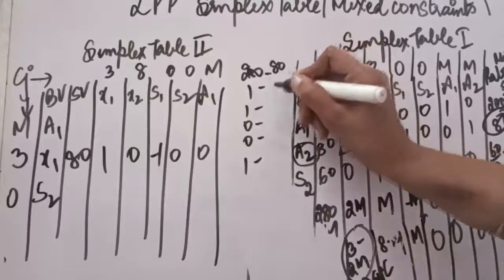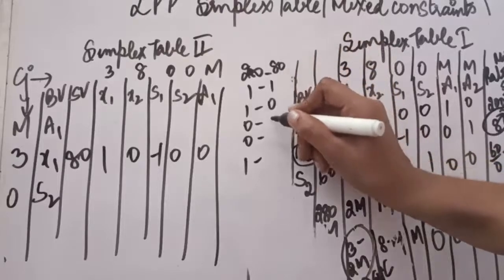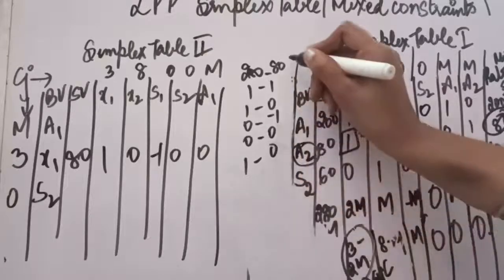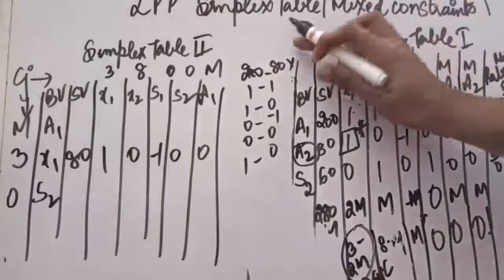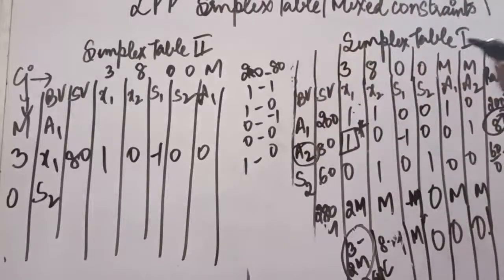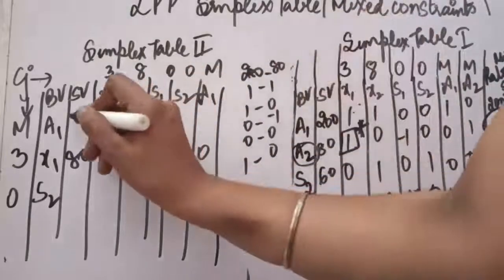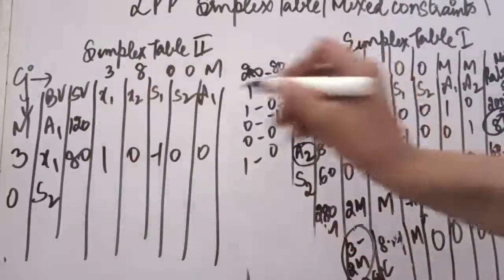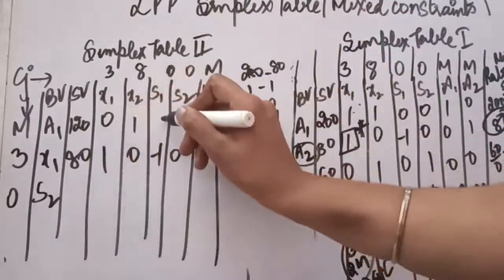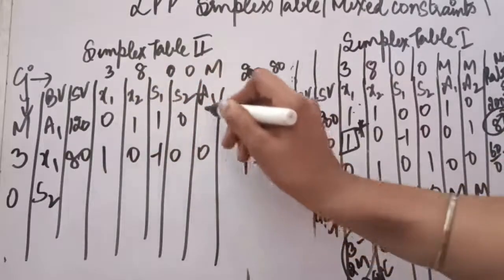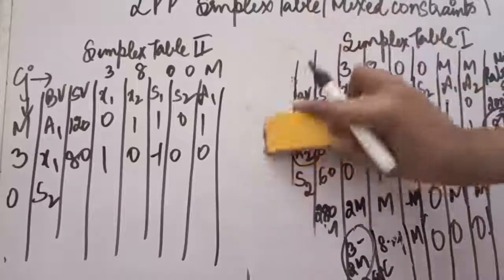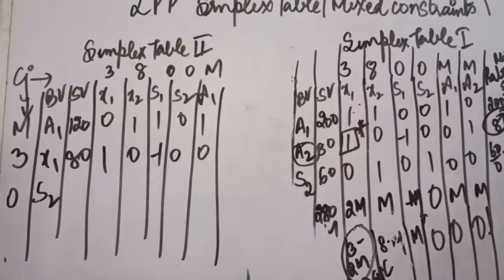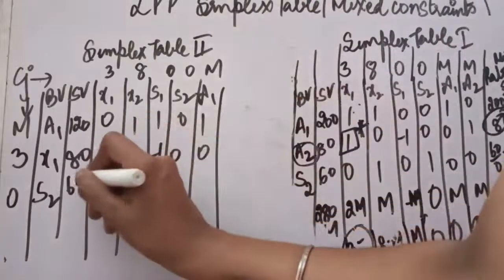The new key row is 80, 1, 0, minus 1, 0, 0, multiplied by the conversion factor. The conversion factor corresponding to this is 1, so this side will be multiplied by 1. It will be the same. So 200 minus 80 will be 120. 1 minus 1 is 0, 1. This will be positive 1, 0 and 1. In the same way, we will calculate the values for the third row. When you calculate these values, you will see it will be the same.